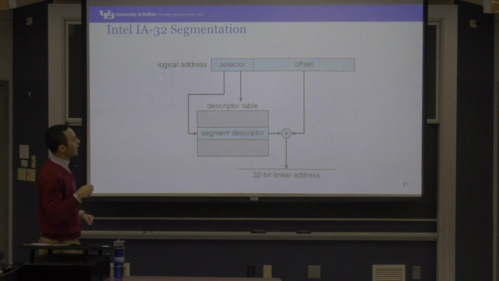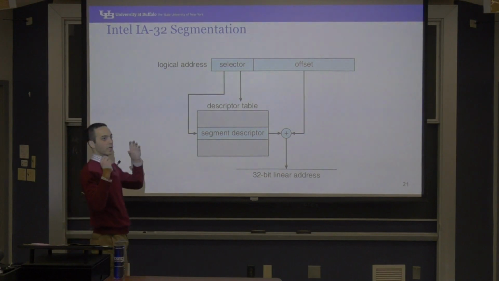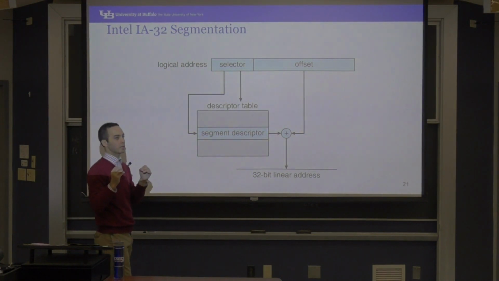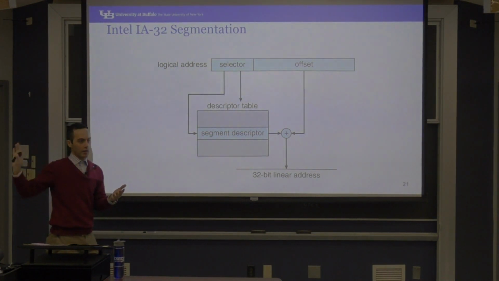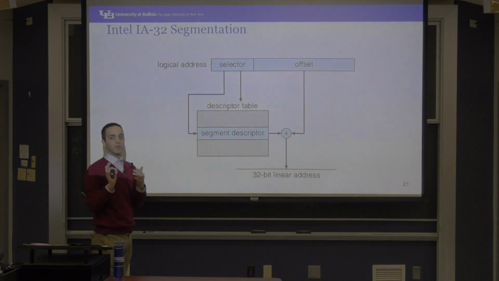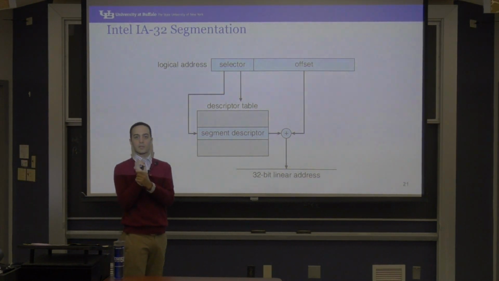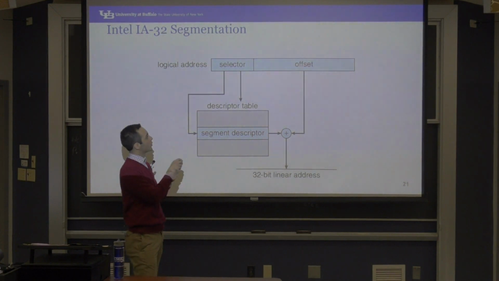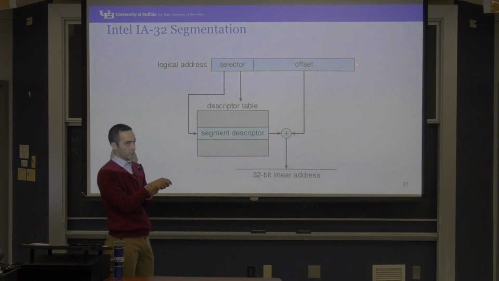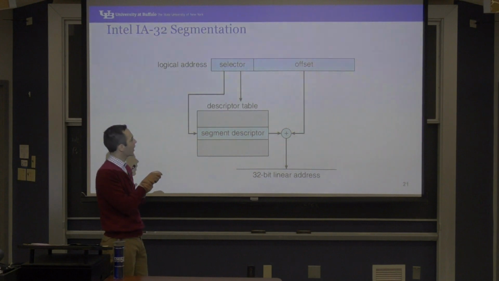So the logical address selected by the CPU is first in user space, which does not have any paging or anything. That's happening later. From the perspective of a process, you have segments and offsets within segments, right? So the 32 bits have the selector and offset, 16 bits each.